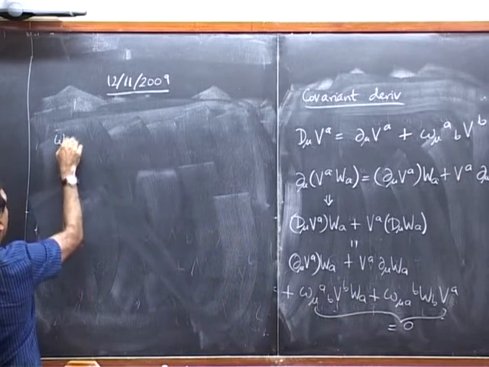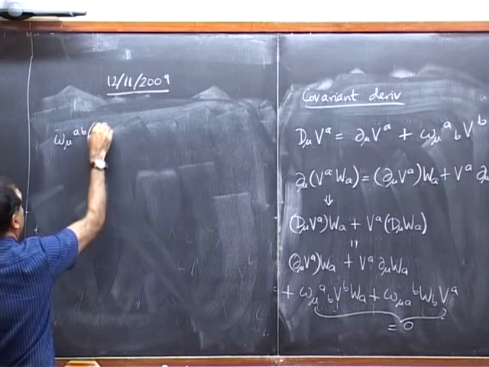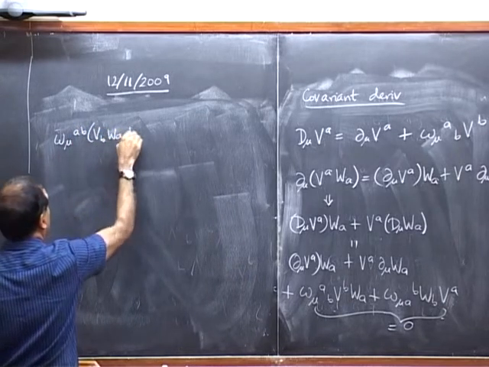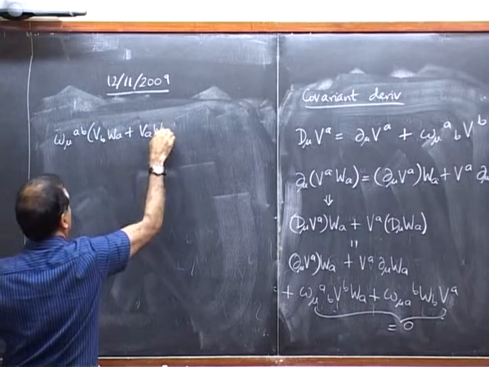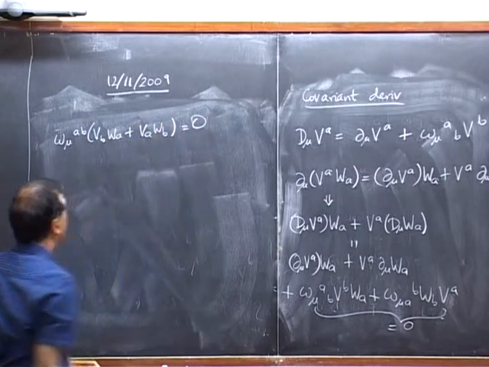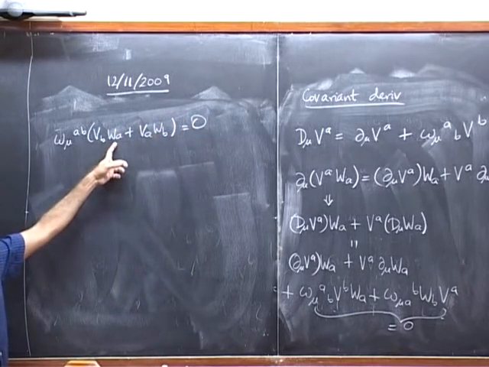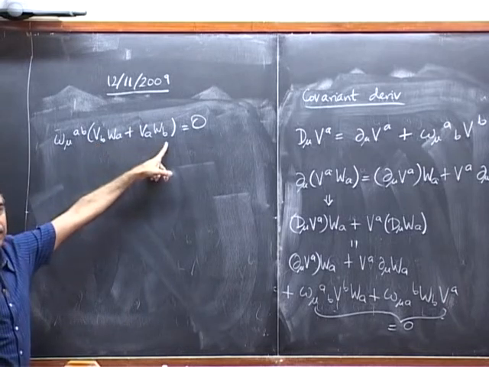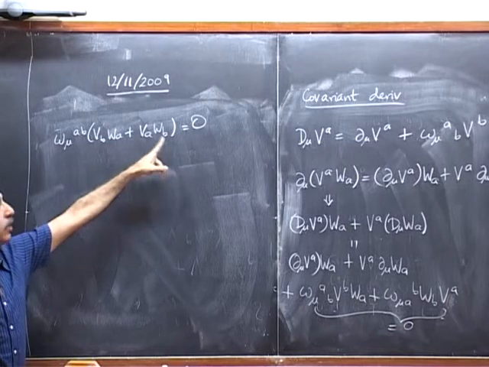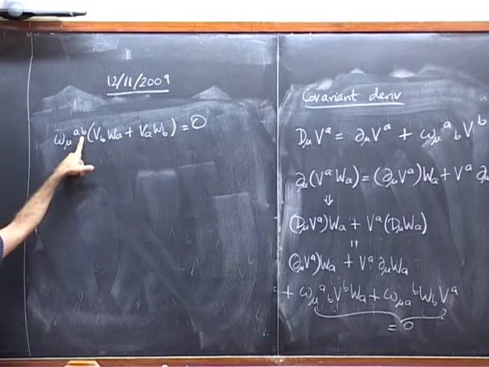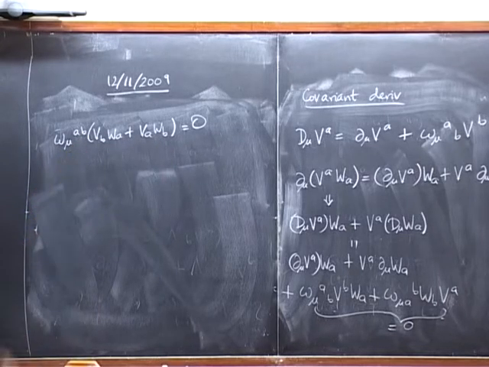So omega mu ab into b w a plus b a w b equals 0. B and w are completely general, and this is a symmetric tensor made out of them. Therefore, the symmetric part of omega is 0. Therefore, omega is antisymmetric.